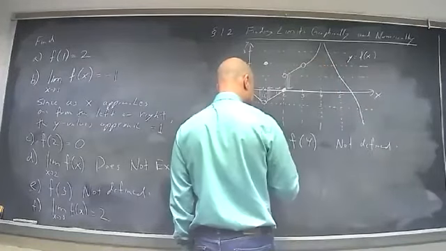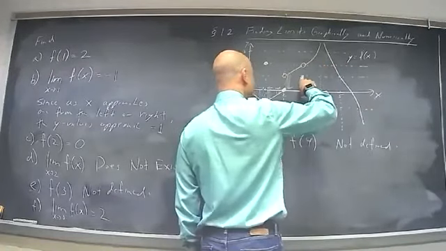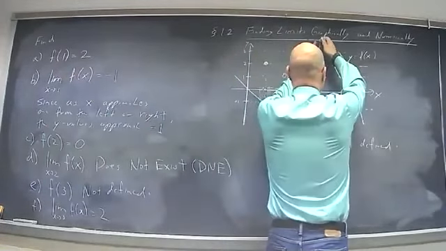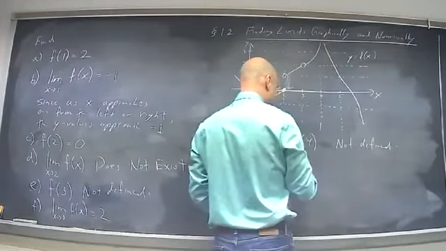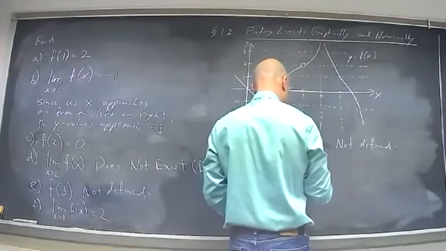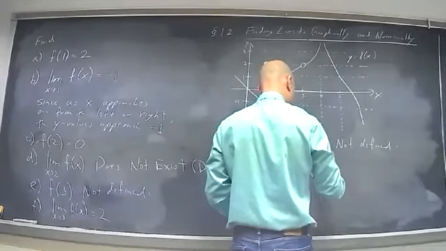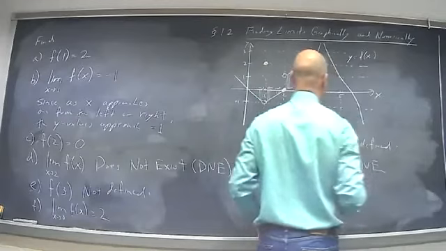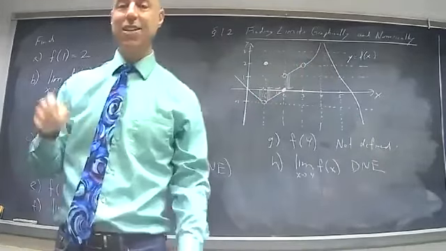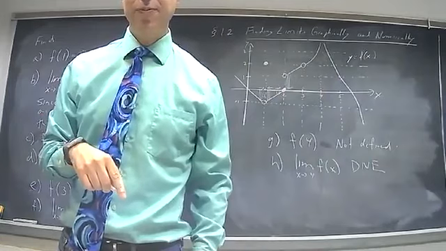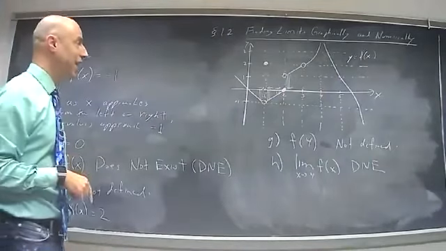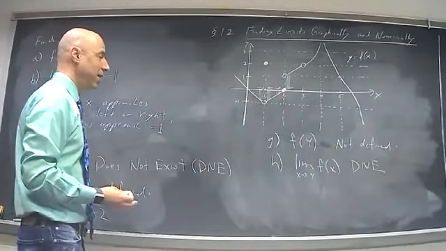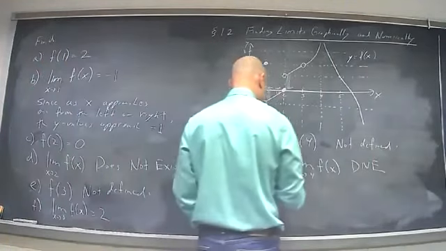And right now, since we want these limits to be numbers and there is no y value, we're not getting close to any y value, any number, we will say the limit for now as x goes to 4 of f of x does not exist. If some of you are saying, oh, maybe that should equal plus infinity, we'll come back and define that later. We eventually will say that that limit equals plus infinity, but we don't really have a good definition for that. So for now, we'll just say it's not defined.